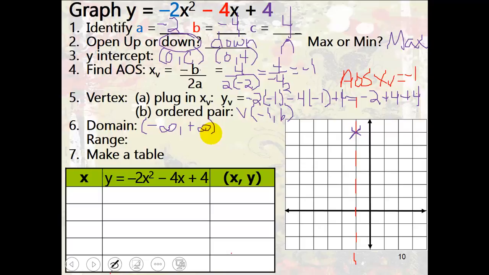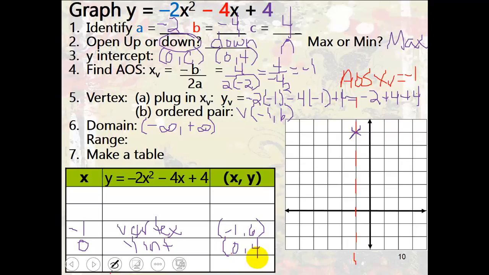Hopefully I'll remember. Okay, so I'm going to put negative 1, 6. This is my vertex. And then I have 0, 4. This is my y-intercept that I've already calculated.